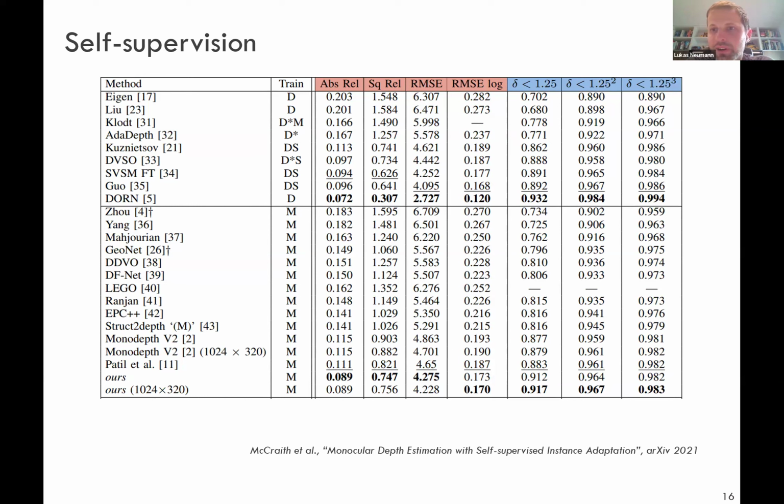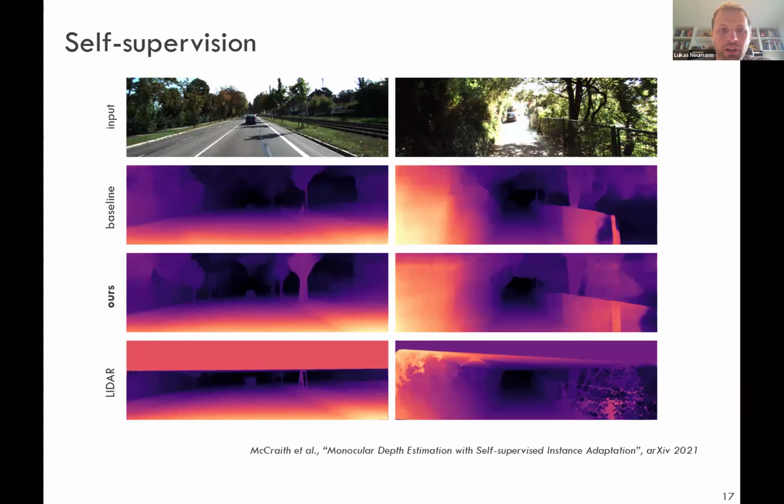When you don't require labels, you are able to run or improve the method even during inference time. So here are some examples of our method, and I think I'm right on time.